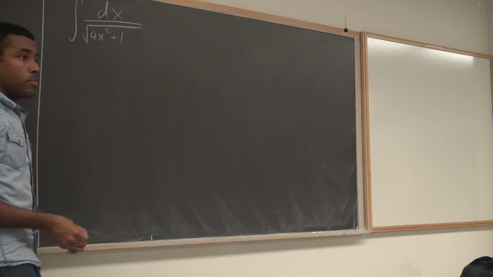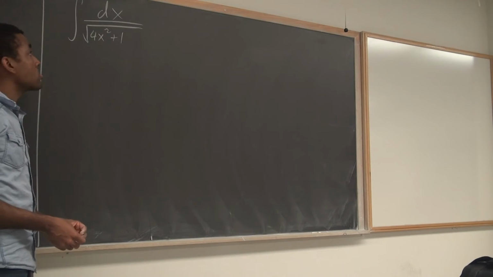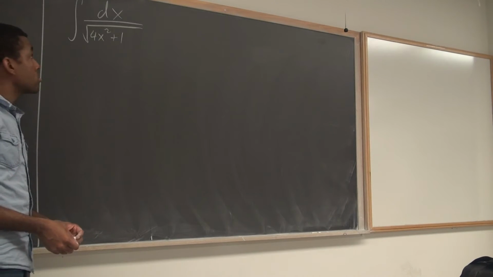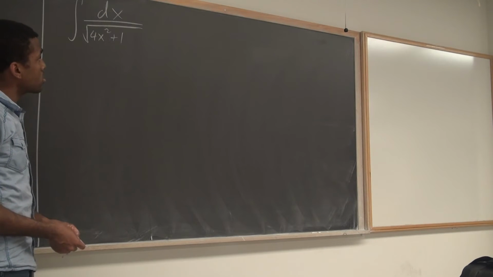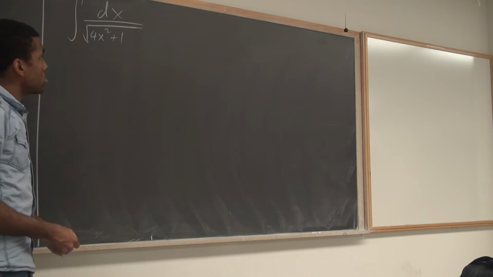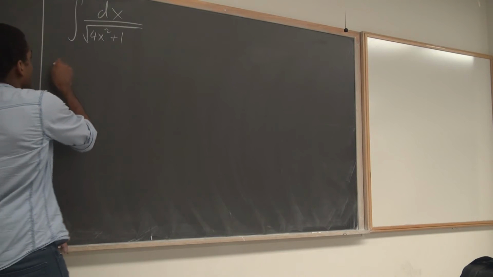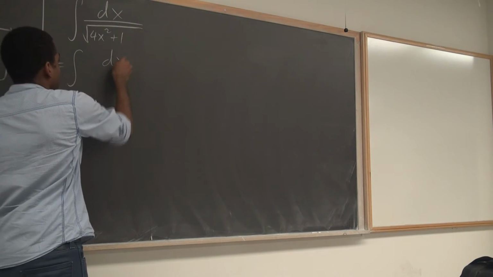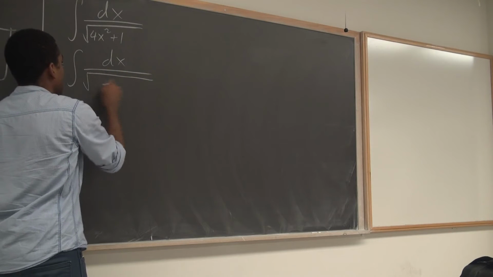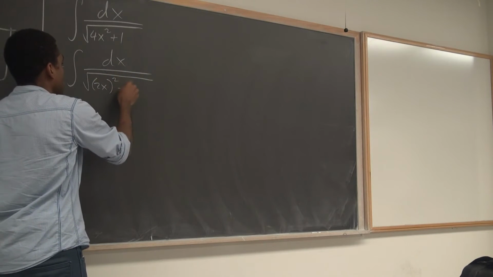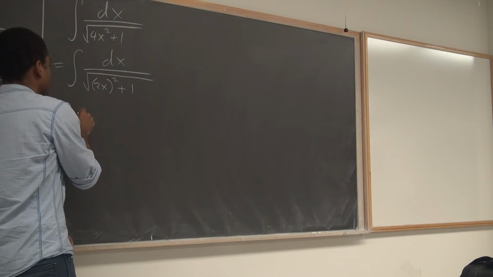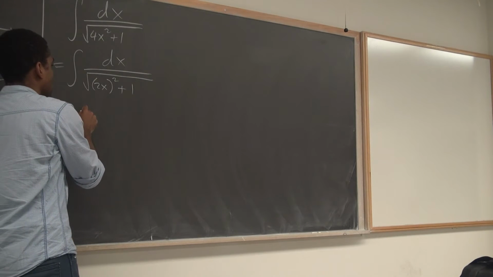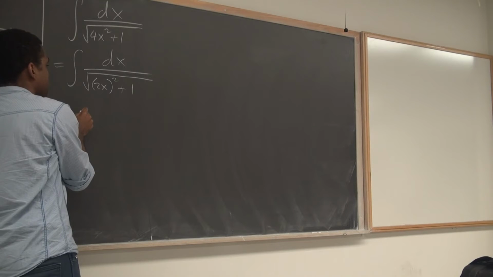How do you do that one? You can look at this as the radical of 2x all squared plus 1. So what are we going to do? What's the equation?